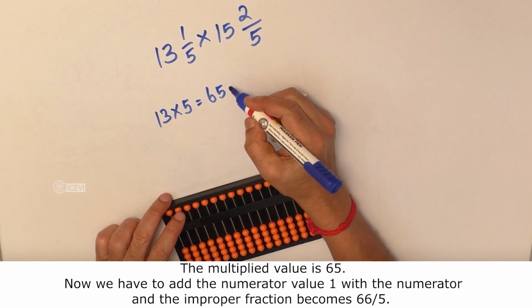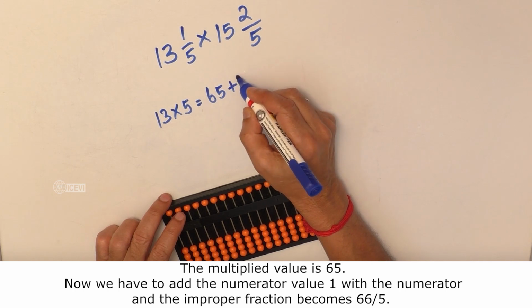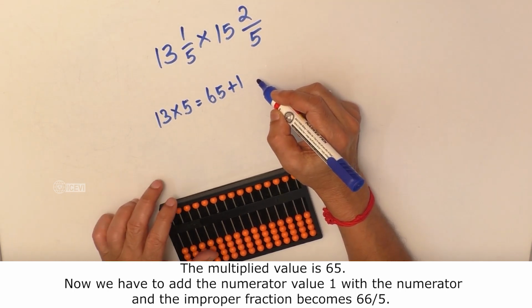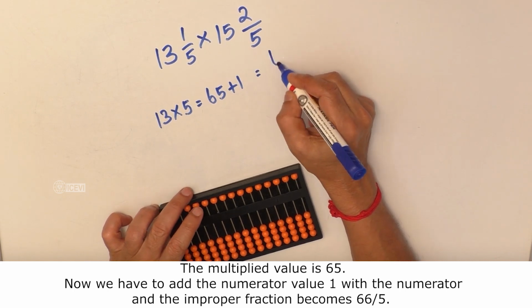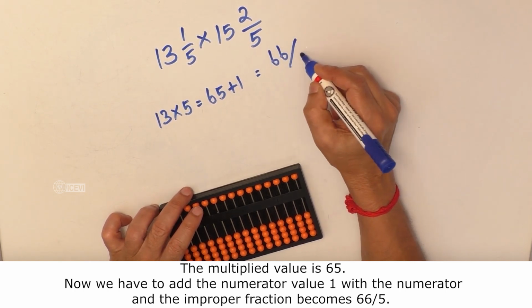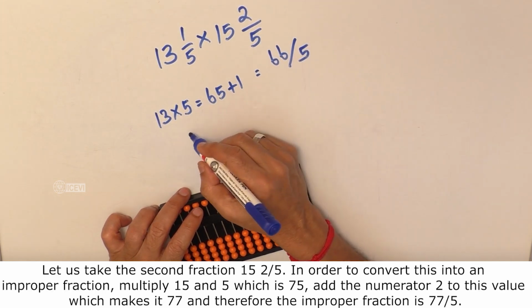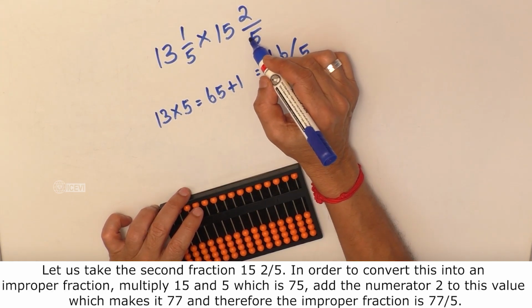Now we have to add the numerator value 1, and the improper fraction becomes 66 by 5. Let us take the second fraction, 15 2 by 5.